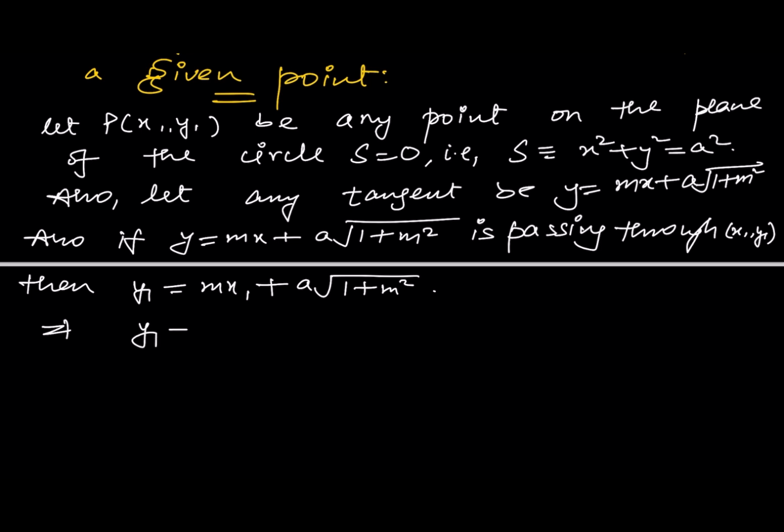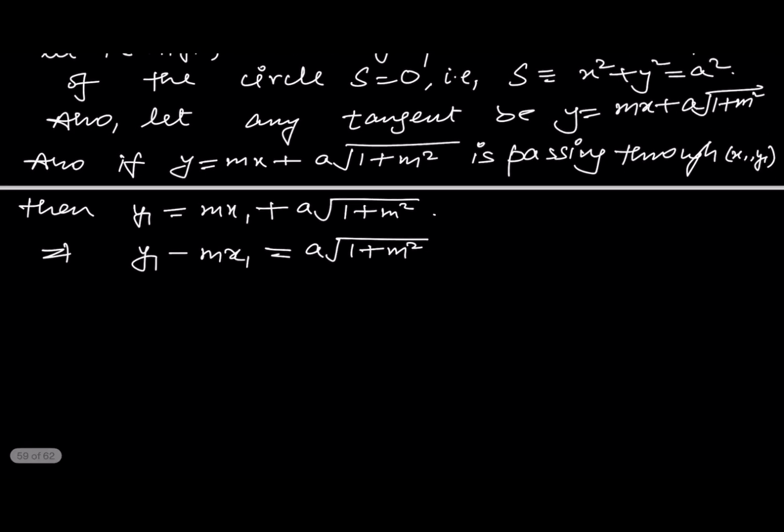So y1 minus mx1 is equal to a times root over 1 + m square. If I square both sides, then (y1 - mx1) whole square is equal to a square times (1 + m square).